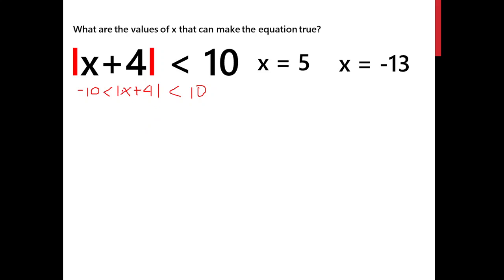Now, try to look at the terms inside the absolute value. Can we use the division method? No, but we can use the additive inverse here to solve for x, right? So I'll just add a negative of that constant. Again, what you do here should be done also here.